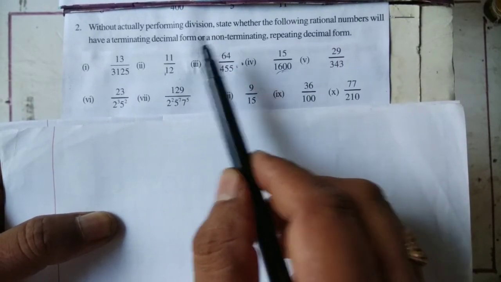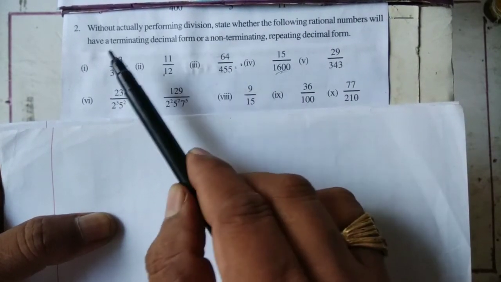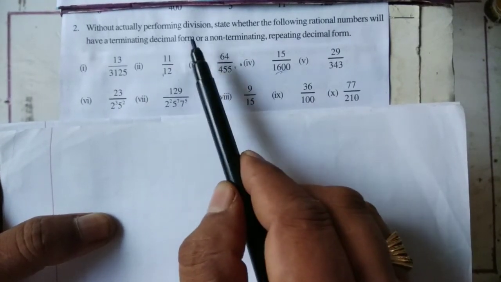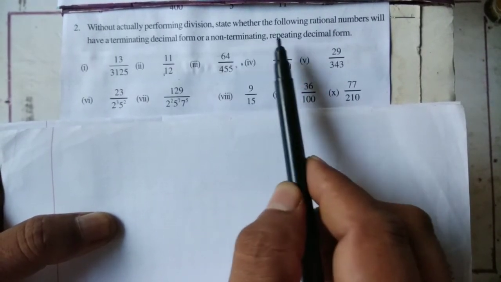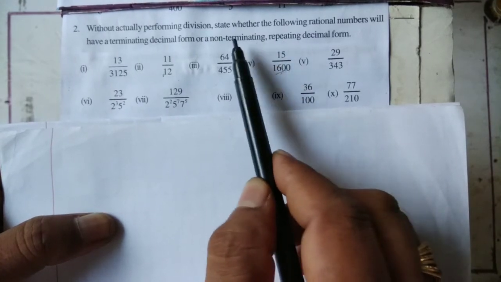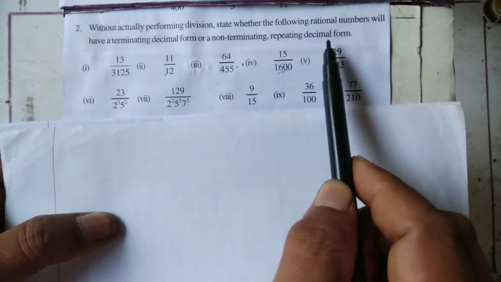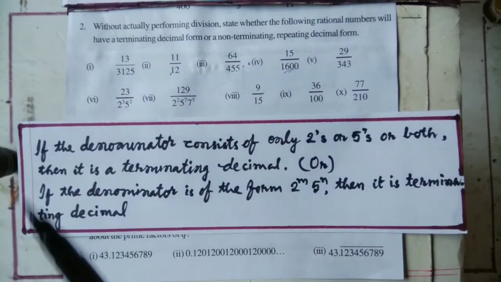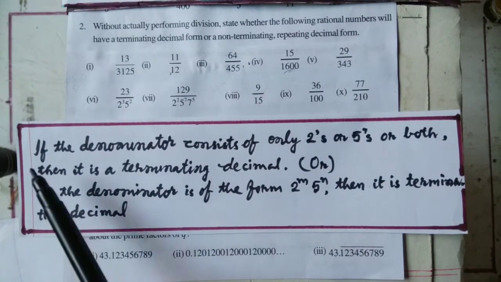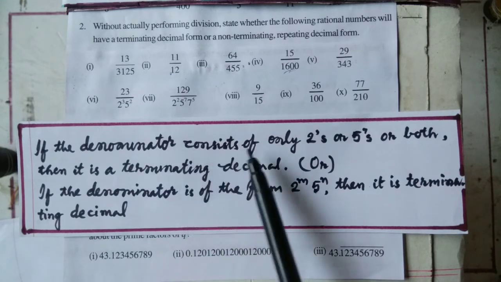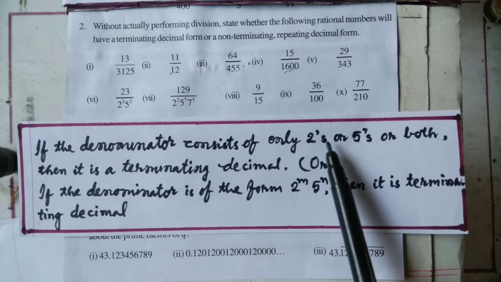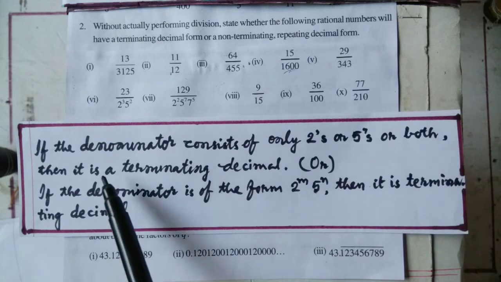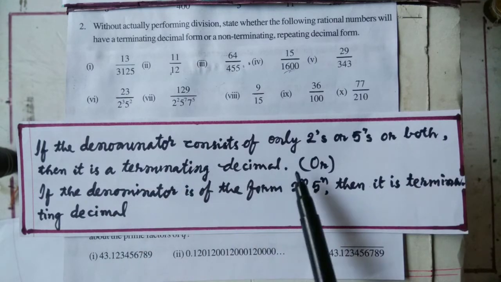To state which is terminating decimal form or non-terminating repeating decimal form, we have to remember this rule. If the denominator consists of only 2's or 5's or both, then it is a terminating decimal.